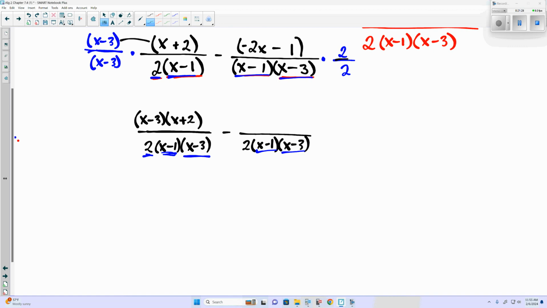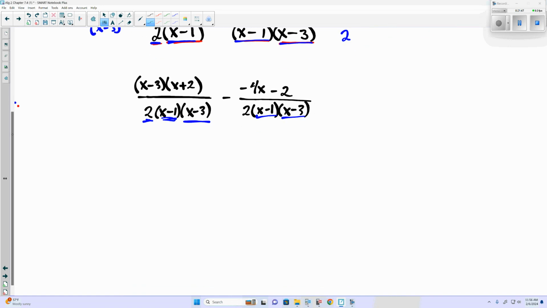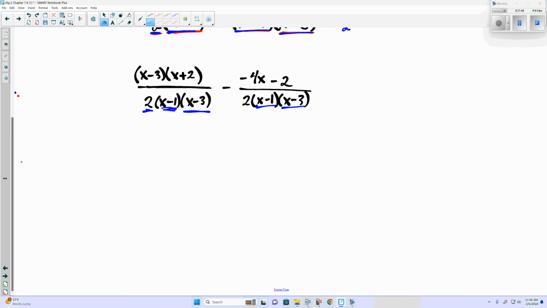Yes? Well, what's 2 times negative 2x? Because 2 times negative 2 is negative 4, and we have our x. 2 times negative 1, negative 2. Because we're just multiplying those two by 2.